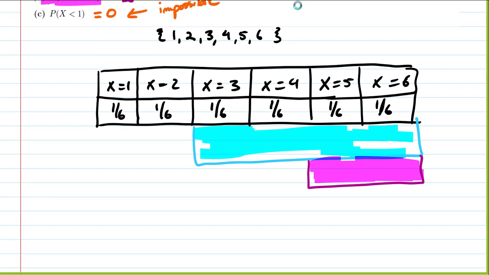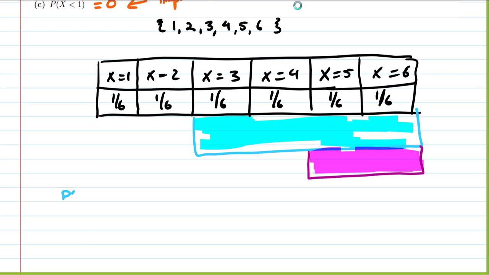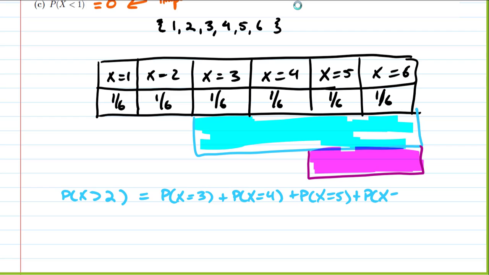All right. So it's worth noting that the probability that x is bigger than 2 is the same as the probability that x is equal to 3 plus the probability that x is equal to 4 plus the probability that x is equal to 5 plus the probability that x is equal to 6. Because it's just 2 different ways to say the same thing, right? And those events are all independent from each other, or mutually exclusive.